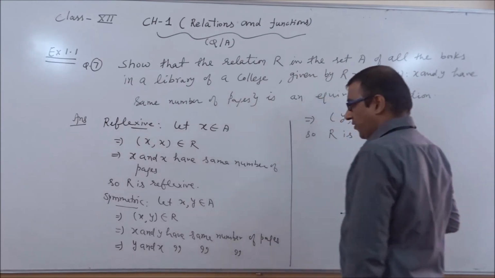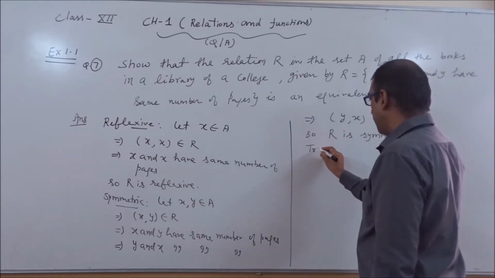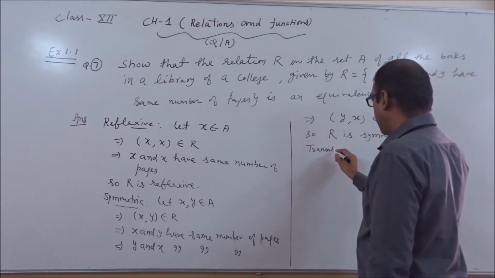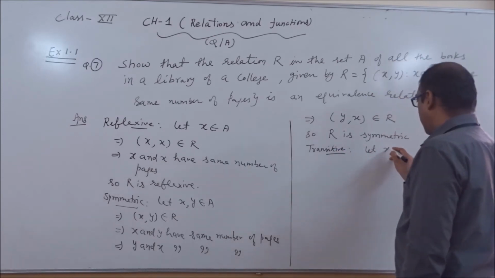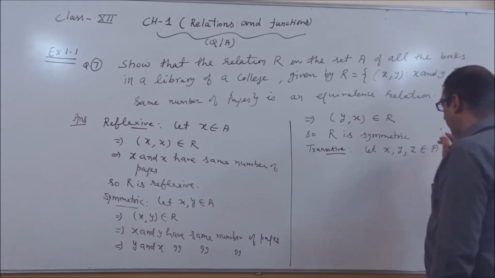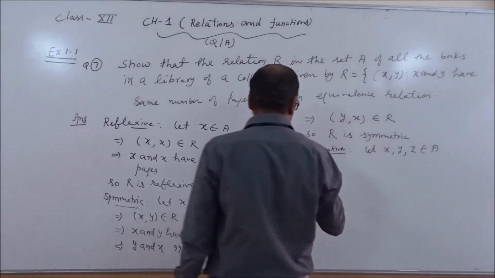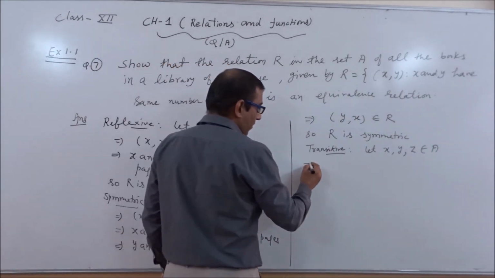Now we will continue with one more concept, that is transitive. In transitive we take X, Y and Z, all members of set A. So how can we show that this relation is transitive?